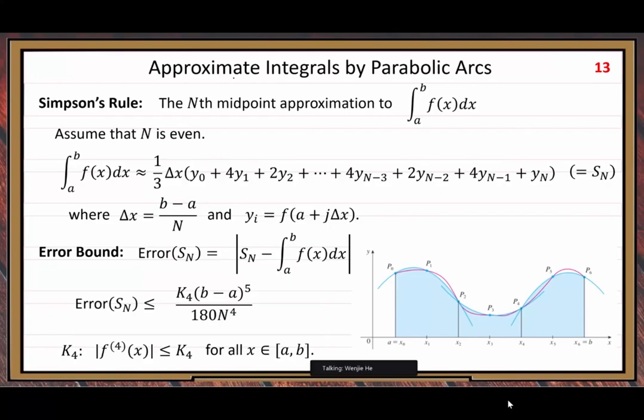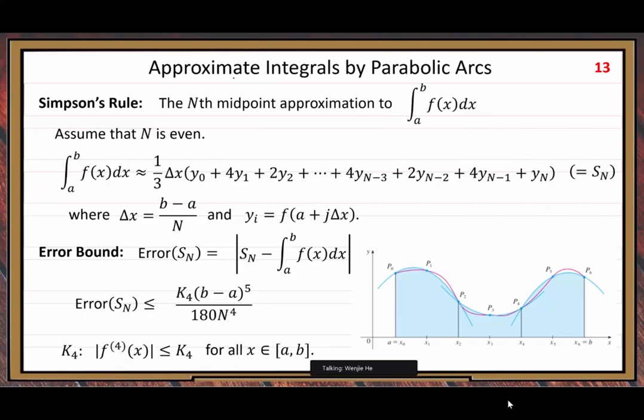Look at the denominator: 180 times capital N to the fourth. The previous two methods had capital N squared. You can see the precision is increased. The improvement is huge, from N squared to N to the fourth, by Simpson's rule.